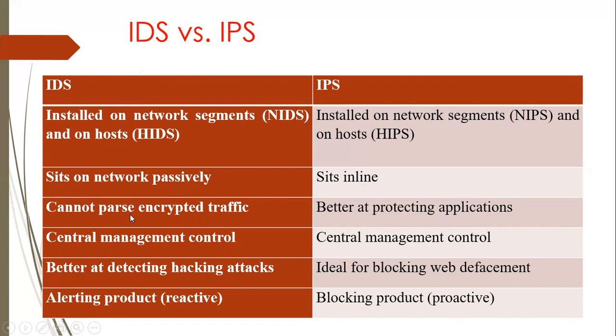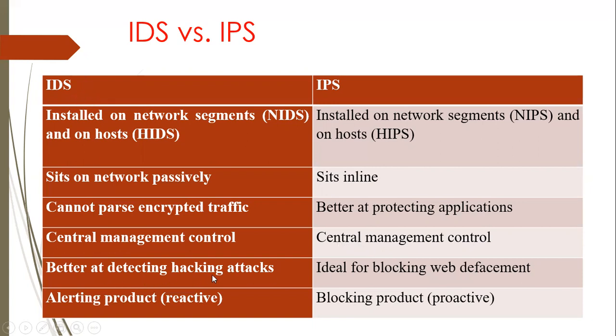IDS cannot catch a hacking attempt that is encrypted. And IPS will identify it if any hacker sends a hacking file through an encrypted file. IDS works on central management control. IPS also follows central management control.